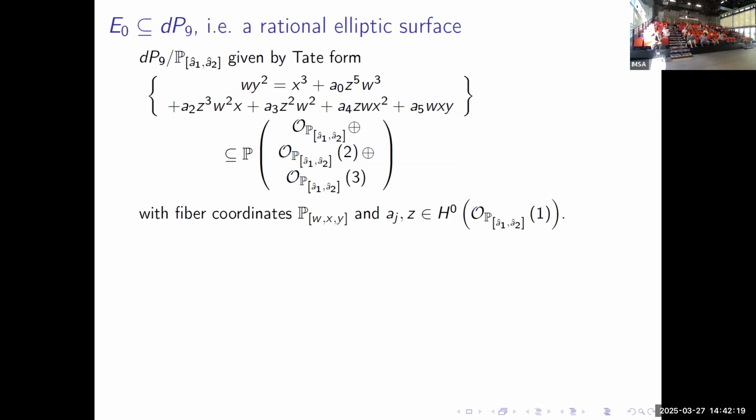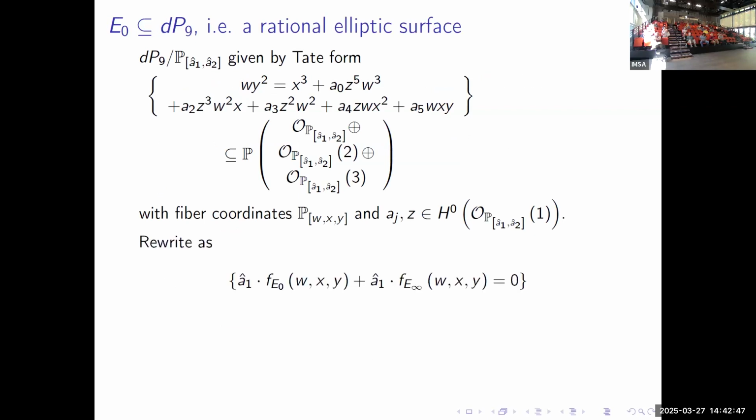So the starting point of the construction, at least the way that I think of it, is called the heterotic side. And what we start with is a dP9, a rational elliptic surface, given by the Tate form.